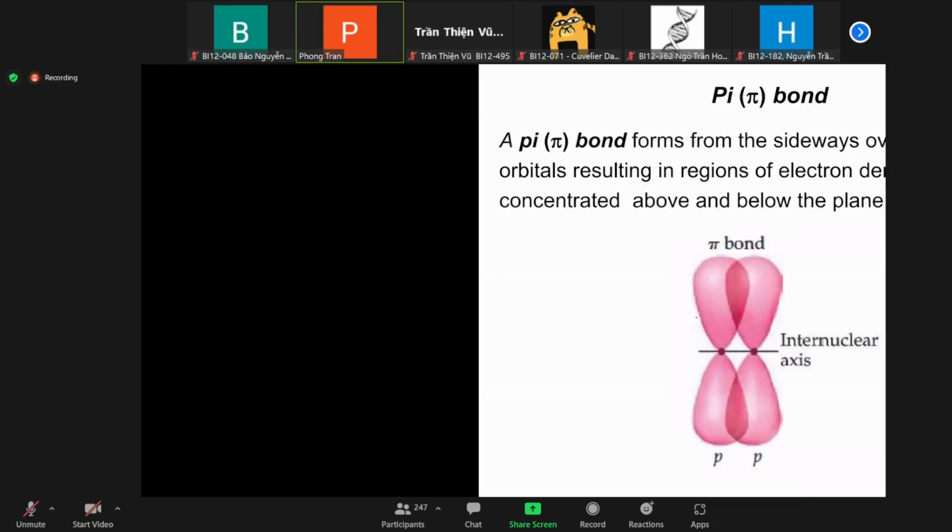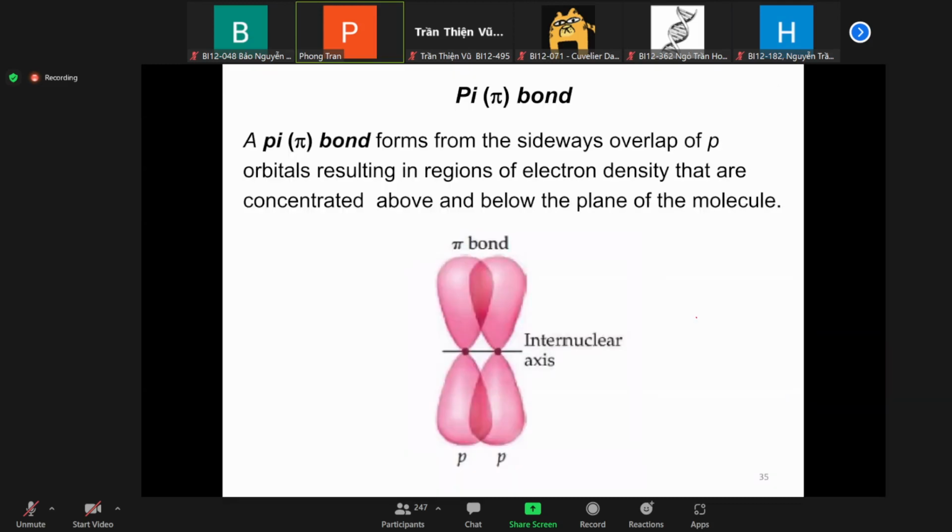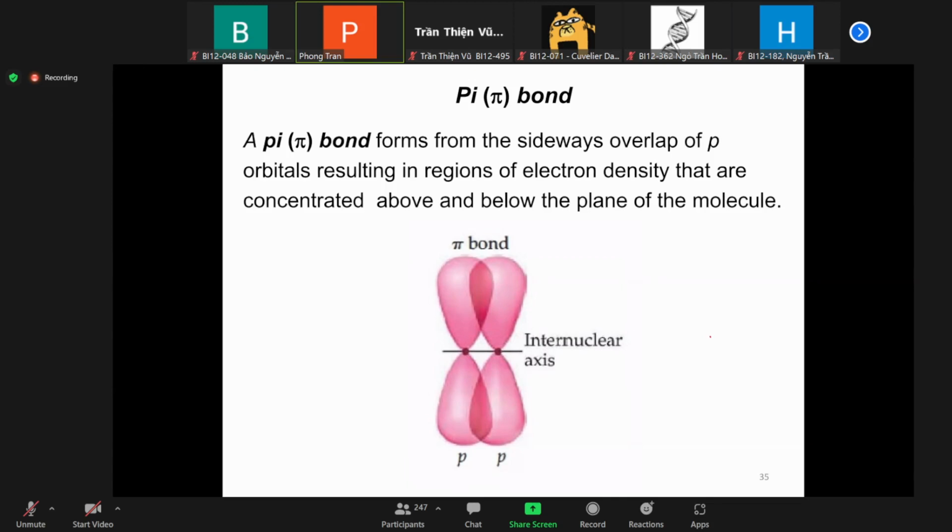Now you have the second concept of pi bond, that's formed from the sideways overlap of the p orbital, resulting in the region of electron density that are concentrated above and below the plane of the molecule. So let's say you have the p orbital overlap, that we call the sideways overlap, like this.